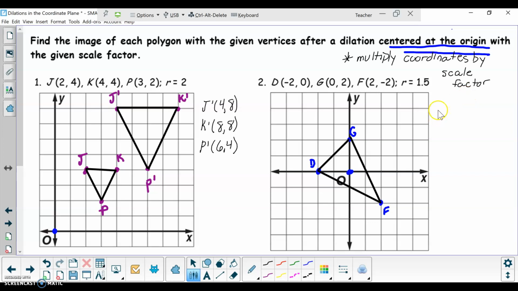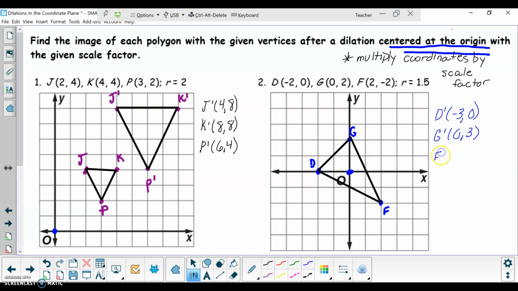Okay, so it's still a stretch. It's still getting bigger. So again, I'm going to take every single coordinate and I'm just multiplying it by my scale factor. So negative 2 times 1.5 is negative 3. 0 times 1.5 is 0. Okay, G prime is going to be 0, 3.